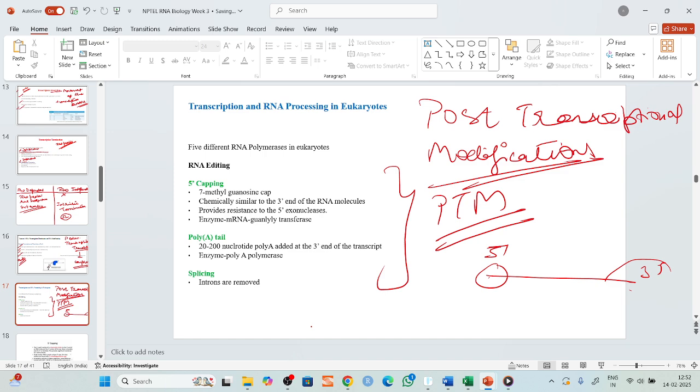So this is your 5 prime capping, and this is your poly A tail. And then there is another event, which is your splicing, which is the removal of introns.